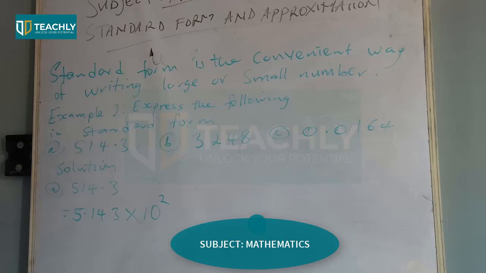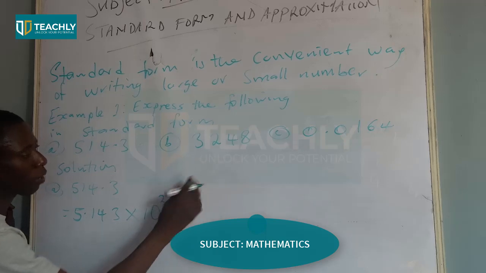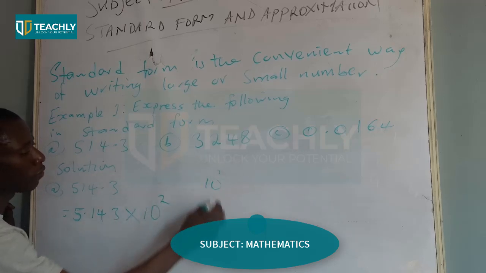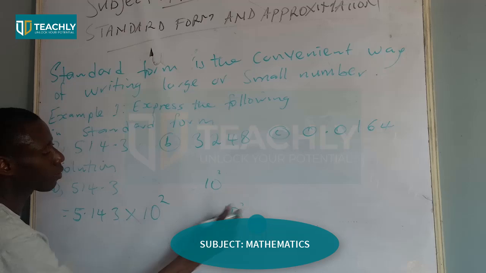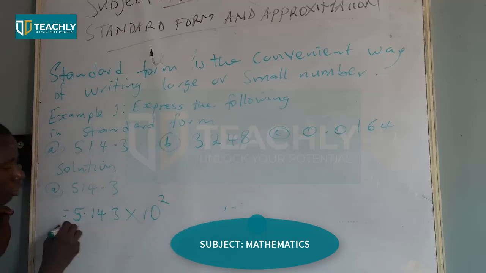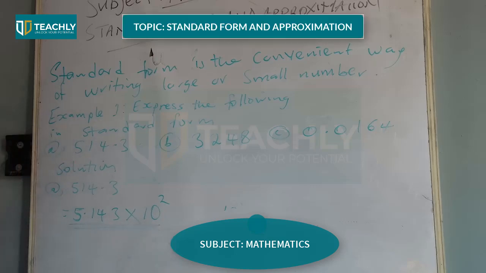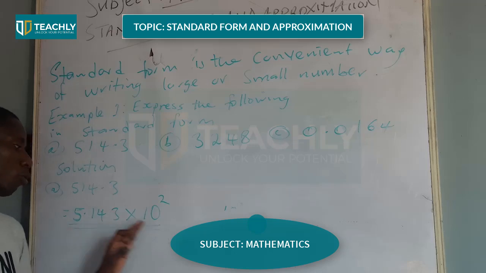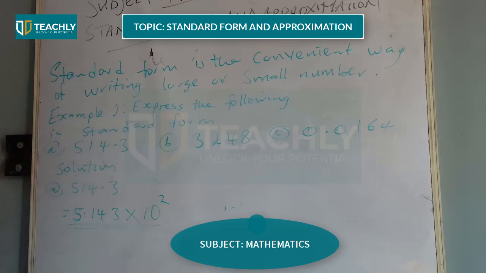So we shift the decimal point from right to left and count the number of times we shift it. Shifting from here to the back of the first number is 1, 2, that is 2 times. So it will be 5.143 times 10 power 2. If it is shifted once, that is power 1; twice, power 2; three times, power 3. So this is the answer: the number has been expressed as a product with a power of 10.